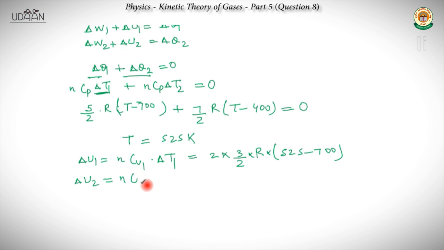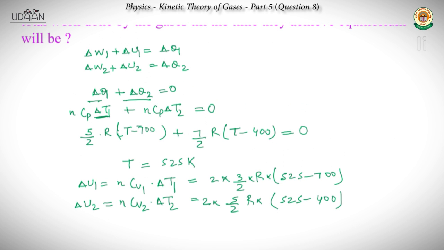And delta U2, which is the change in internal energy for the upper compartment gas, would be n Cv2 delta T2, would be 2 into, this is Cv not Cp, so 5 by 2 R whole into 525 minus 400. Now we'll just name these equations as equation 1, this as equation 2.